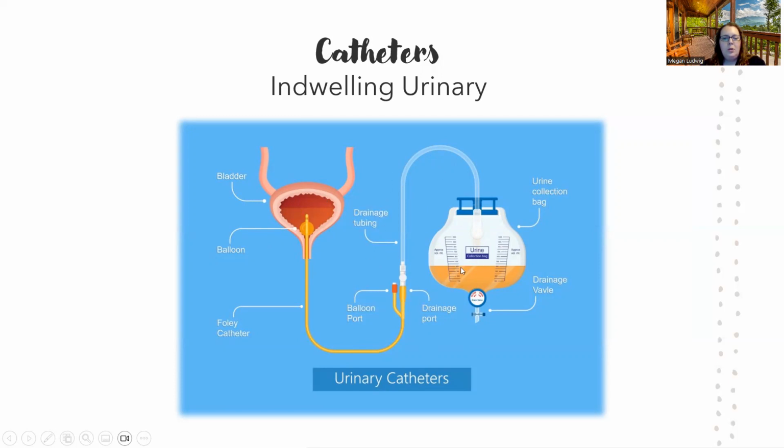And then the tube itself hooks up. This tube here goes to the bag. There's a couple of ways they can look. It can have kind of a big, harder plastic piece, kind of like the chest tube. It looks similar. But the whole point is to collect the urine and to measure it. So there will always be markings to see how much urine has been drained. And then there's always a valve to empty it.